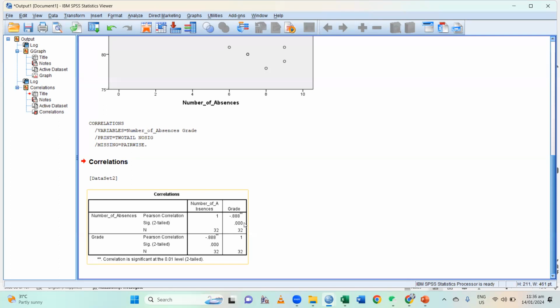Again, remember this. One of the assumptions of the use of linear regression analysis is that there is a significant relationship between your independent and dependent variables. Okay? So, since mas significantly related sila, then now we can proceed with the next step.